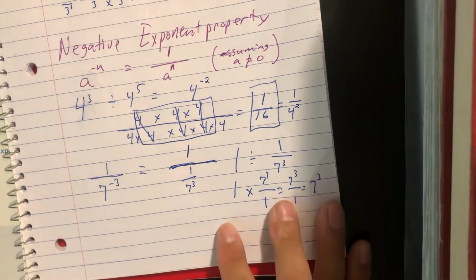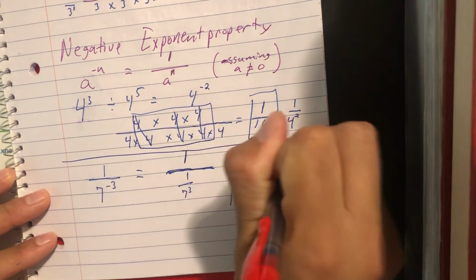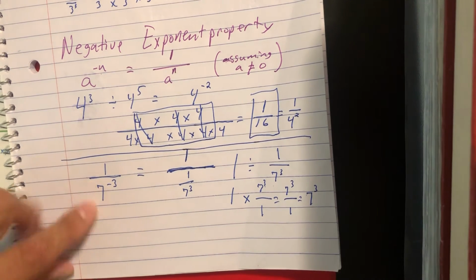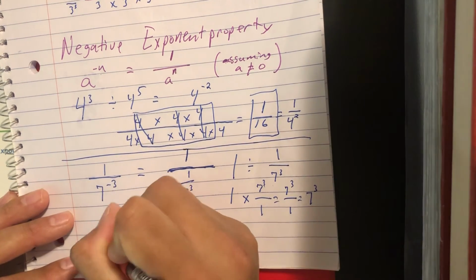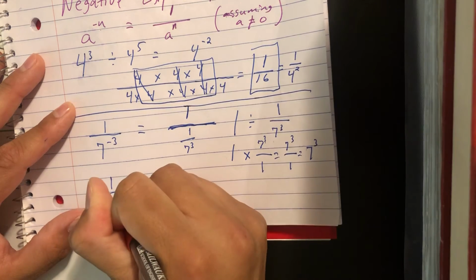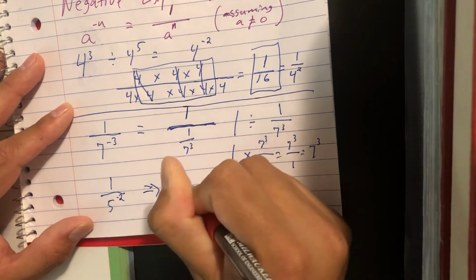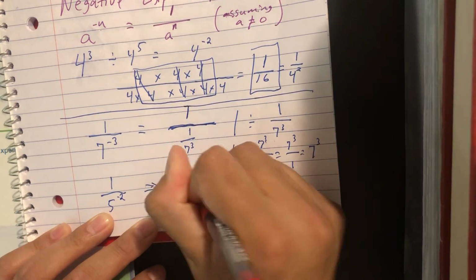So ultimately, you can basically take the reciprocal and get rid of the negative. So if it's written as 1 over 5 to the negative second, you can read it as just 5 to the second.